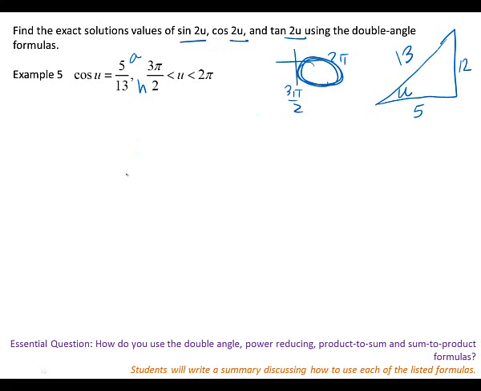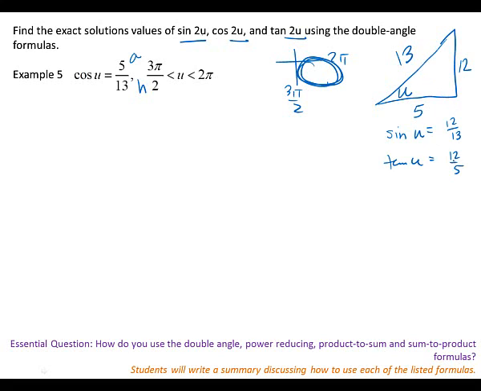I need to figure out, because they want me to calculate these double angle formulas, I know I've got the cosine. I need to figure out the sine and the tangent to use them in the formulas. So sine of u and tangent of u. What's the sine of that triangle? 12 over 13. What's the tangent of that triangle? 12 over 5.